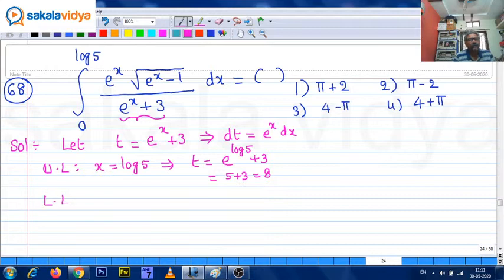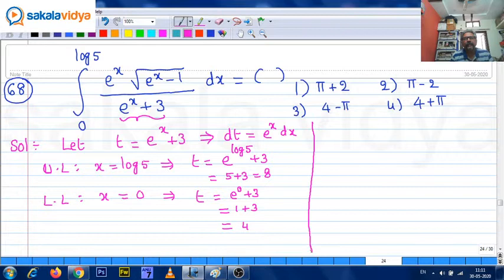Now lower limit, x is 0. Now t equals e power 0 plus 3, 1 plus 3, that is 4. Now this integral becomes like this. I equals integral, limits have been changed, lower limit 4, upper limit 8.